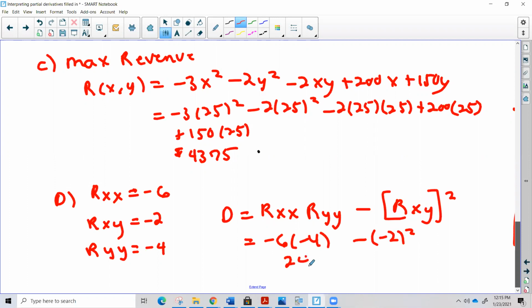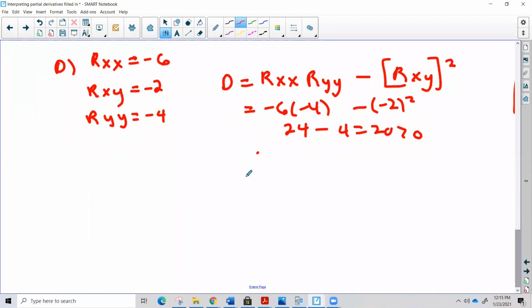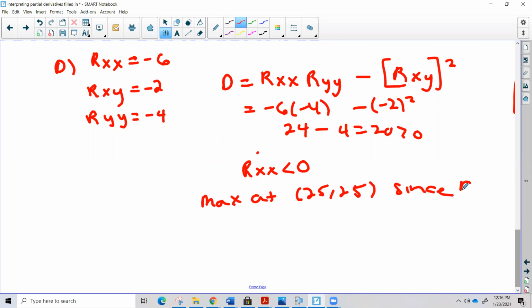So we get 24 minus 4, which is 20, which is greater than 0. And we can see that R of XX is less than 0. So again, we have a max at 25, since D is greater than 0 and R of XX is less than 0.